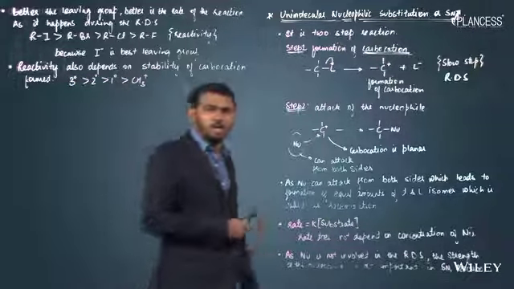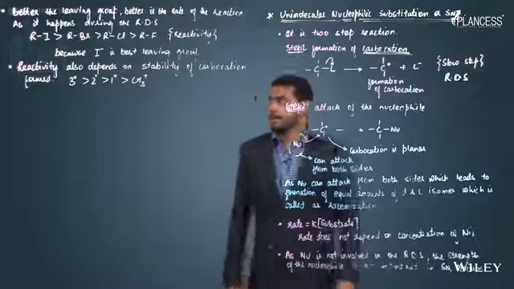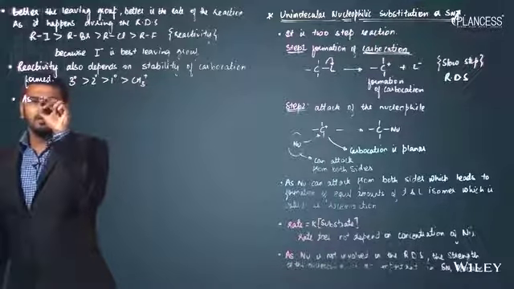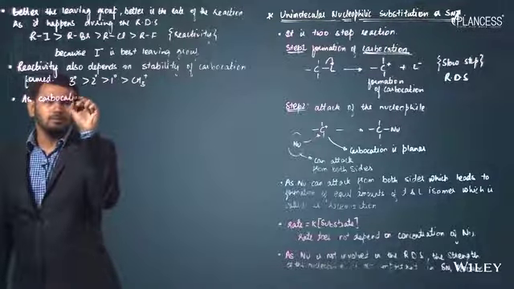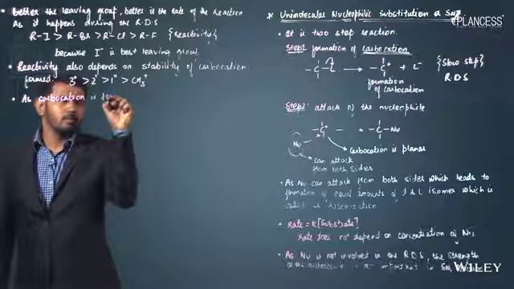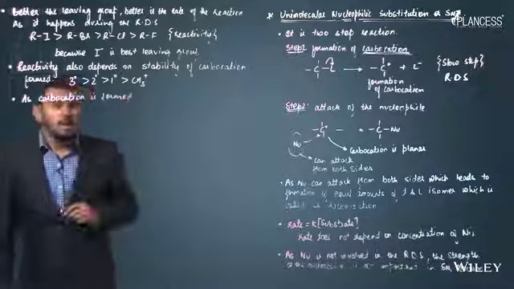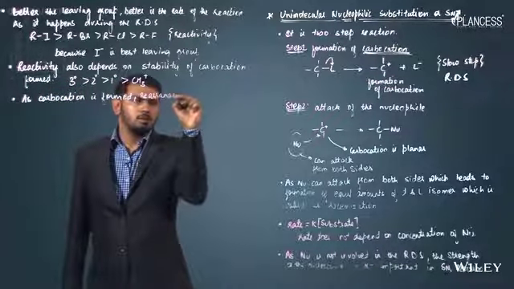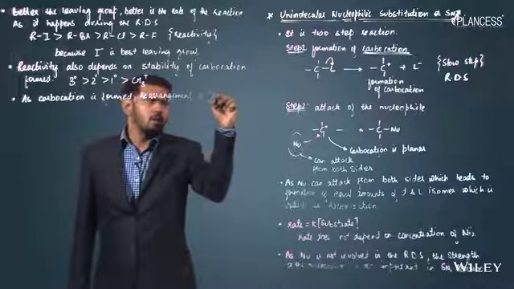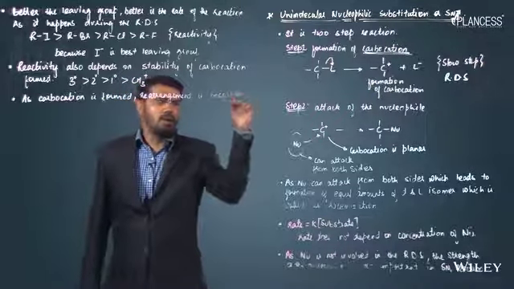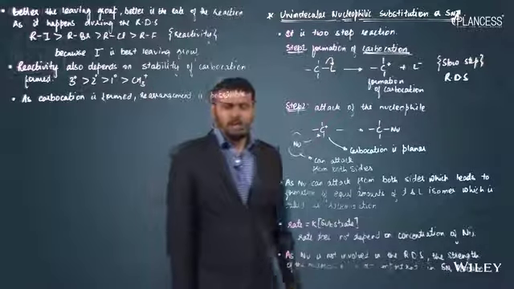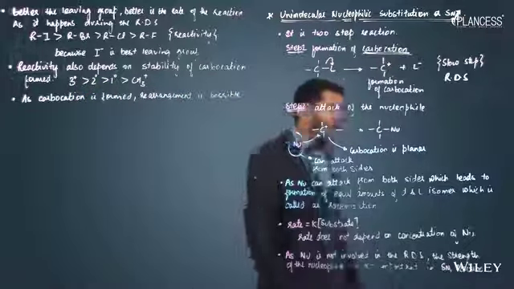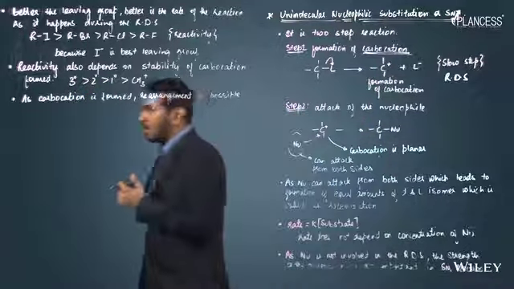Because tertiary carbocation is the most stable. Now we know that whenever a carbocation is formed, rearrangement is possible. Is that clear? Please remember that point. Wherever you have a carbocation being formed, rearrangement will be quite possible.